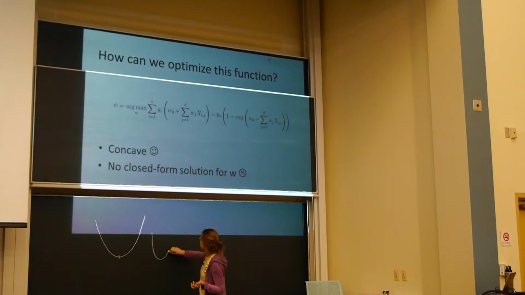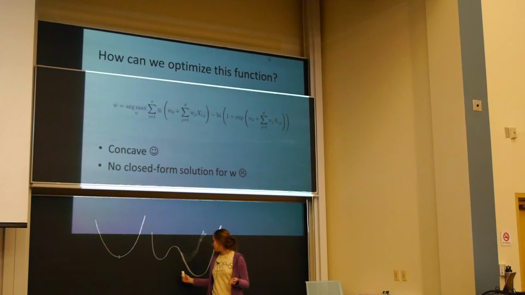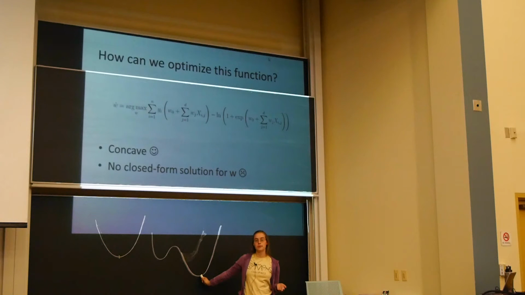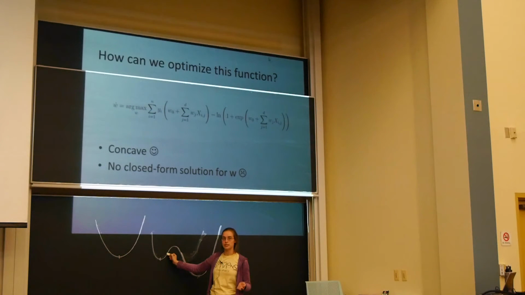But if your function looks something more like this, to make it more obvious, say your function looks like this. At this point, your global minimum is this value right here. But say you started somewhere over here, you're going to eventually end up in this kind of valley right here, and you'll see if I go this way, my function value increases. If I go this way, my function value increases.